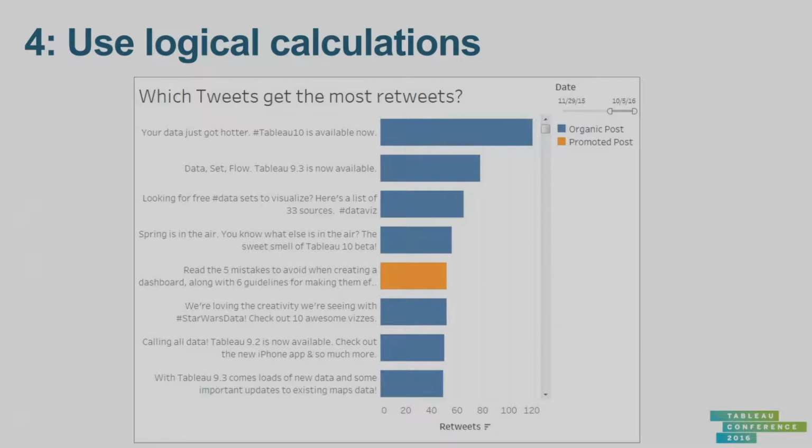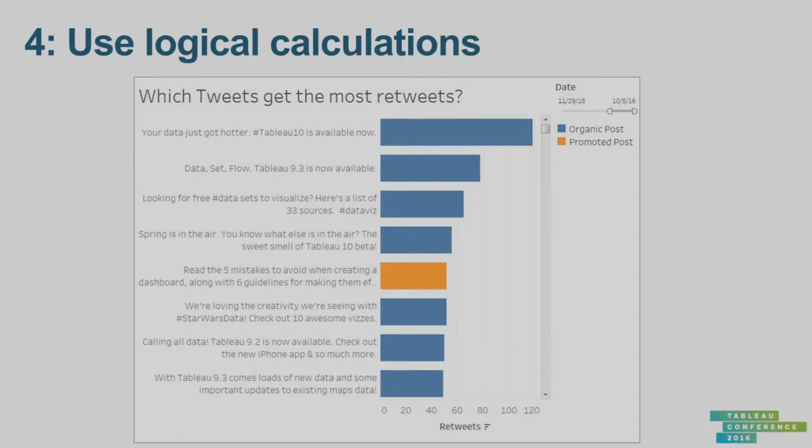And powering that advanced date and text analysis is logical calculations. Logical calculations are an extremely powerful tool for working with your social data. A classic example is categorizing your organic content versus your promoted content.